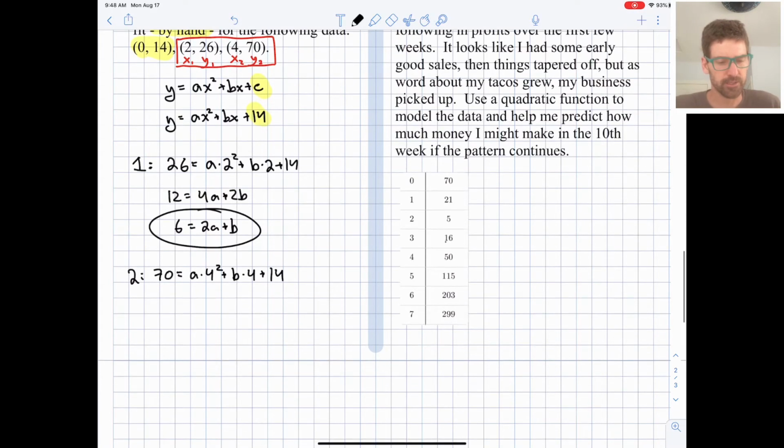Once again we can simplify that down, subtract 14 from both sides. We get 56 equals 16a plus 4b. Looks like we can divide both sides by 4. 56 divided by 4, is that 14? It is. So we have 14 equals 4a plus b.